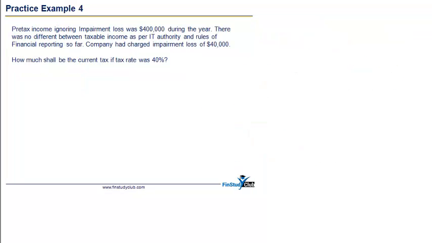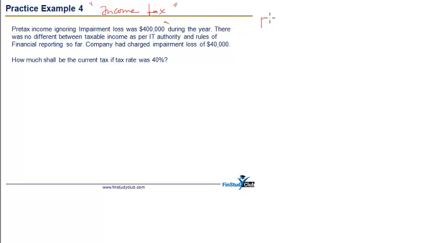The third, and again an application-oriented example, we are talking about the pre-tax income. That means something to do with income taxes. Now, a little bit of understanding of income taxes is also critical, but I'm sure that by common sense we can get to that level without looking at the videos on income taxes. Pre-tax income, ignoring the impairment loss, was 400,000 during the year.